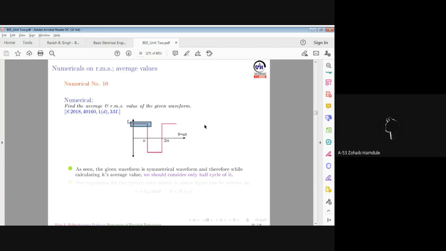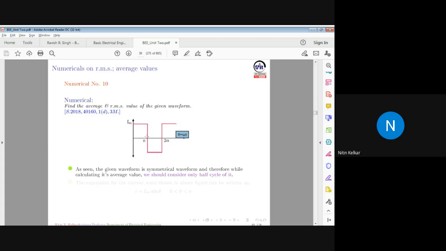The equation will be I equal to Im for 0 less than theta, because on the x-axis they have shown the parameter as theta, which is equal to omega t. So the equation for this straight line parallel to the x-axis can be written as I of theta equal to Im for 0 less than theta less than pi.